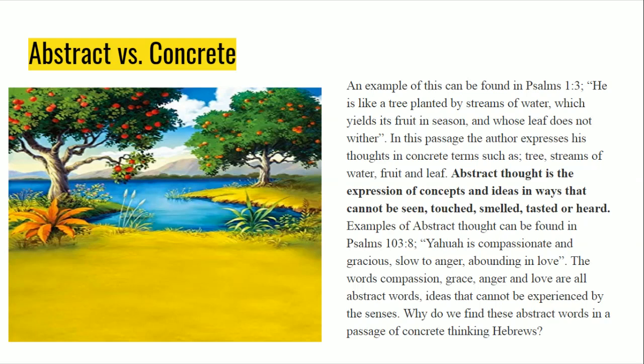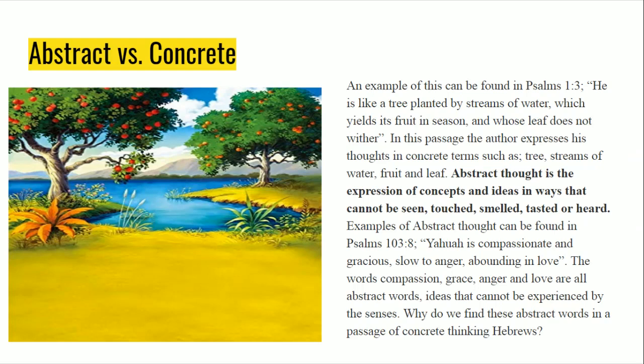Examples of abstract thought can be found in Psalms 103:8. Yahuwah is compassionate and gracious, slow to anger, abounding in love. The words compassion, grace, anger, and love are all abstract words, ideas that cannot be experienced by the senses.